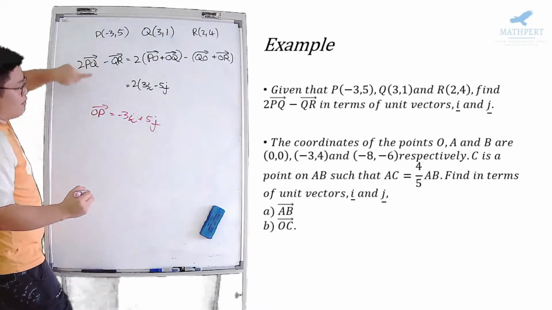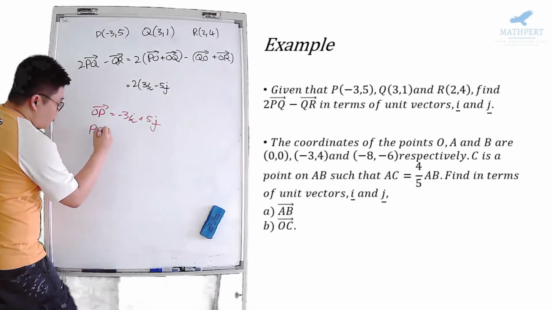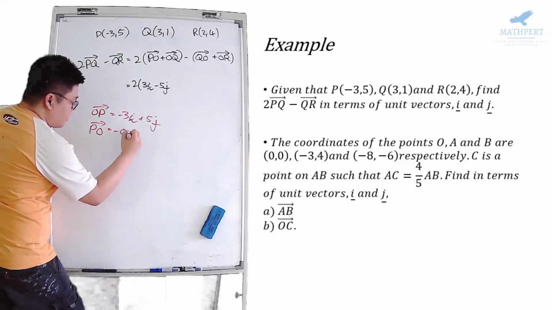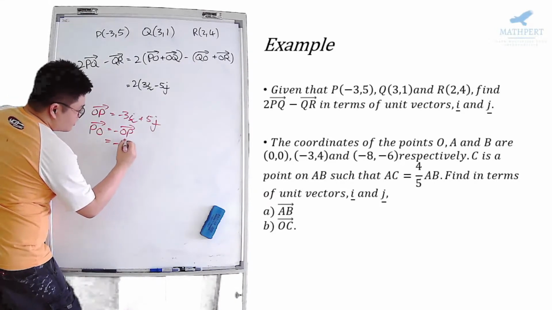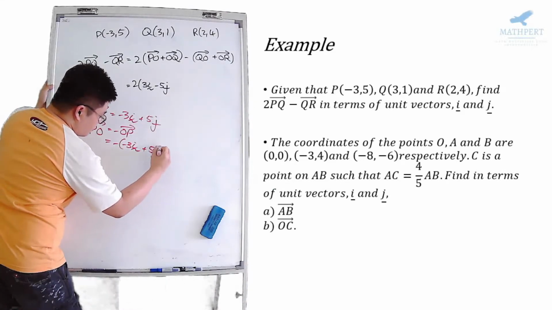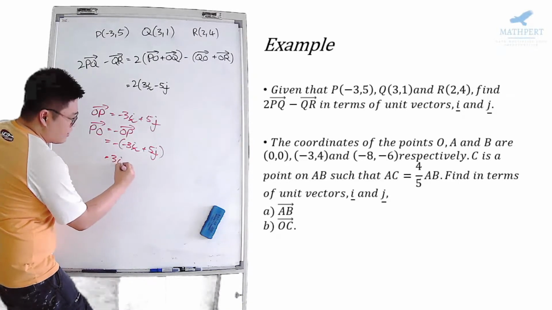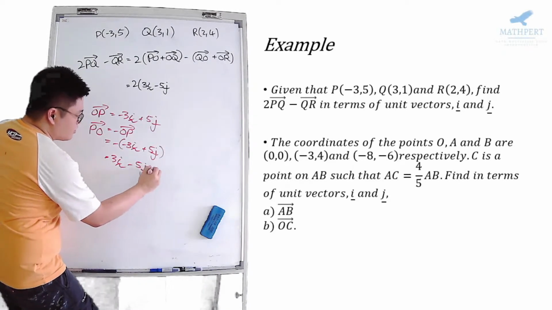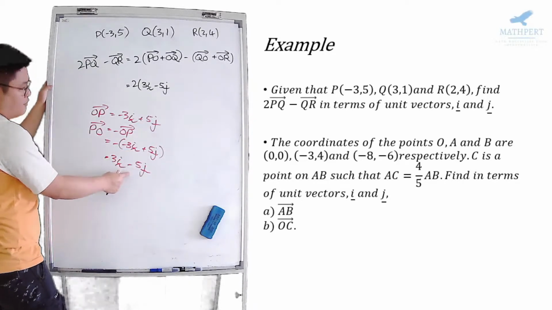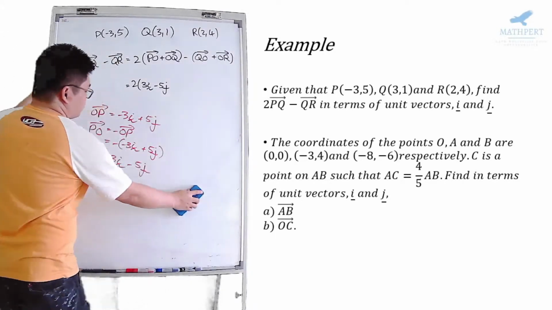From here I get OP, therefore PO is equal to negative OP, which is negative of negative 3i plus 5j. I multiply the negative into it and I get 3i minus 5j. Negative times positive gives negative. So this is how I get it.